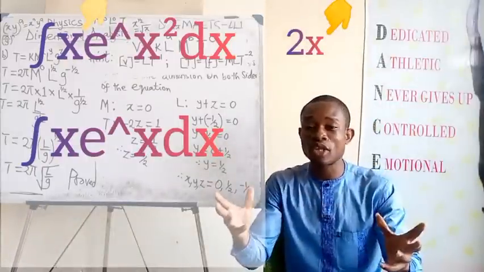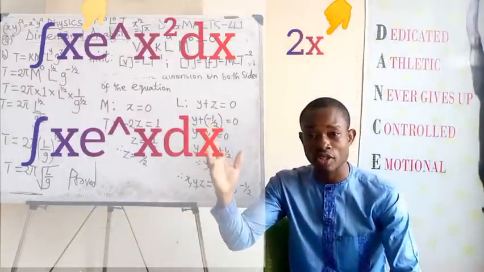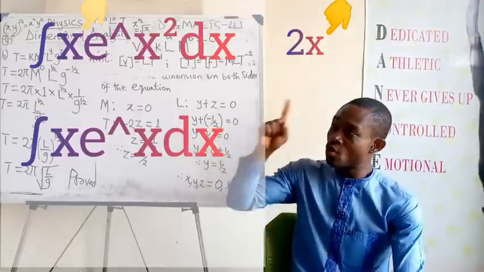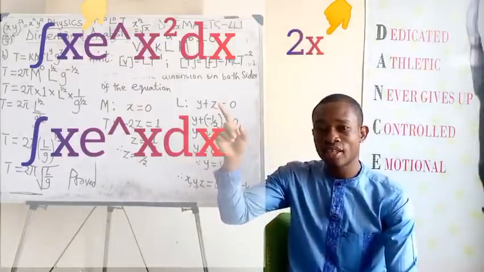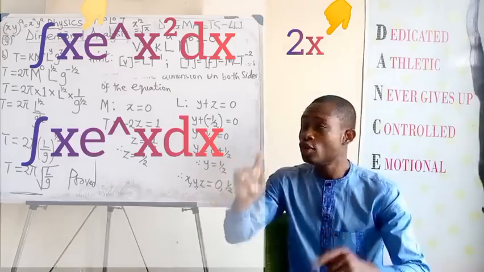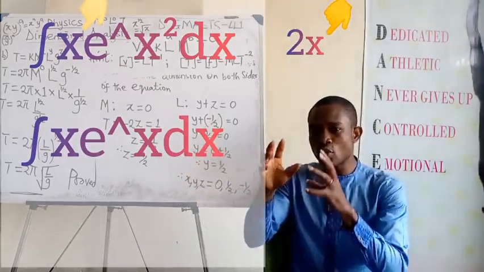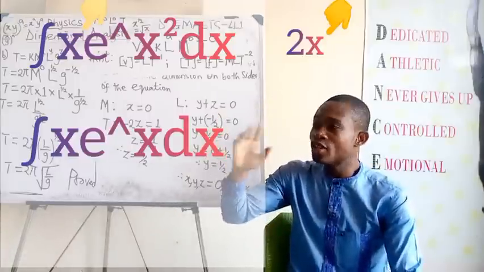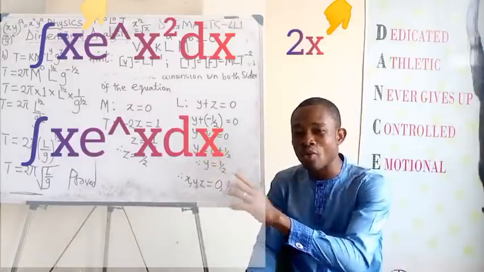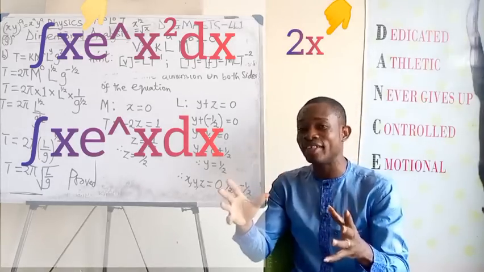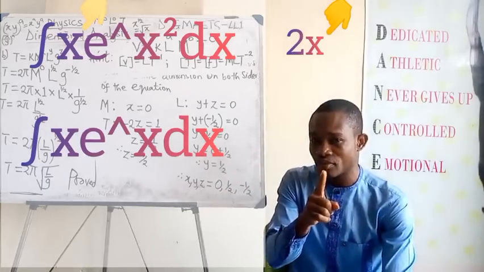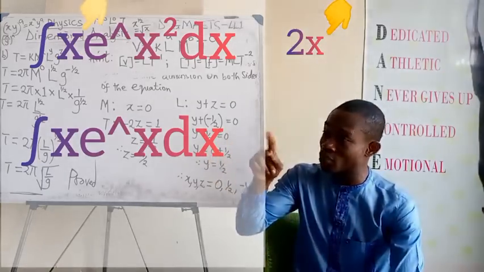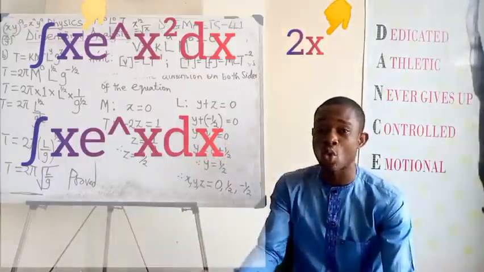So we have just actually found out the technique that will solve the first question. And I repeat that again. When I differentiate the x squared that the exponential term is bearing, you get 2x. Now observe that that x in the derivative, the power is what? 1. So all you need to do is to compare that power with the x that is multiplying the exponential term. And like you see clearly, the x multiplying the exponential term, the power is also 1.